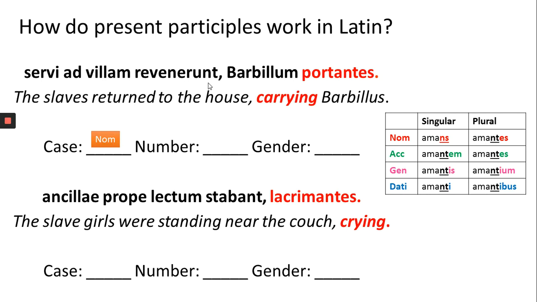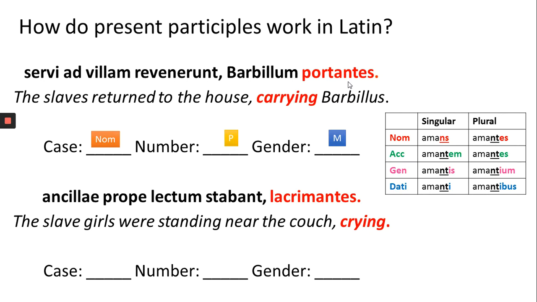What about number? Well, there's more than one slave, so it's plural. And what about the gender of the noun servi? It's masculine. You can see from the table that the nominative plural has an NT in it, which is exactly what you can see in this sentence here.